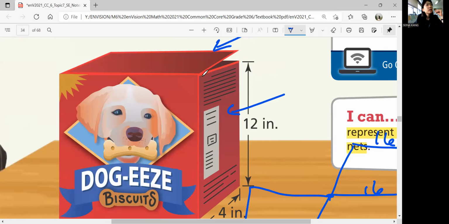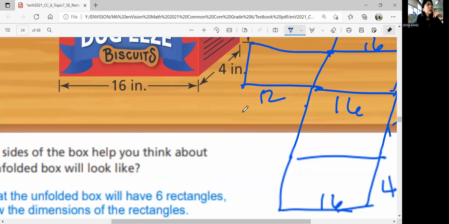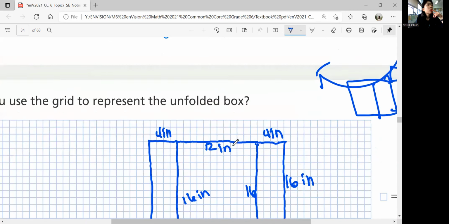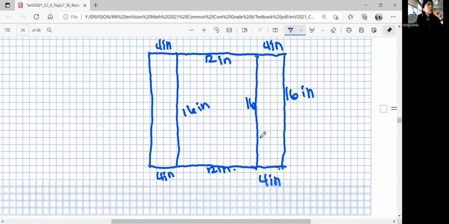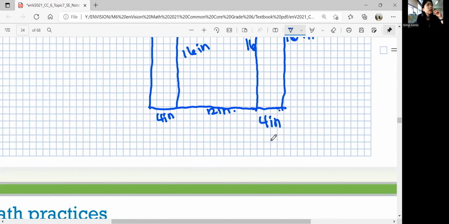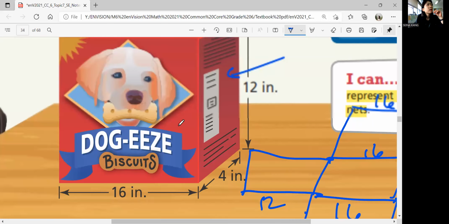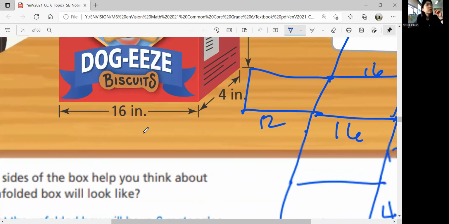And then what else do we have? Now we can connect this top part with the other side. We have 4 by 12 inches. So we have to go this way, but we don't want to. So let's attach it to this side, the dog biscuit part.